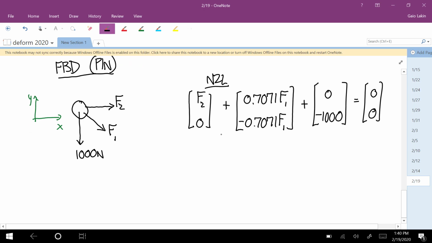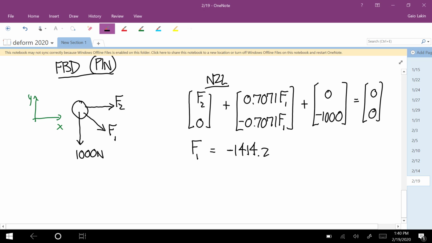The y equation says F1 is equal to 1 divided by square root of 2, 1 divided, is that 1414?